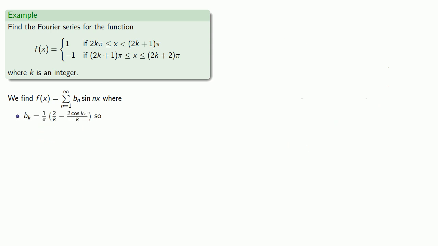So we make a note that our coefficients of the Fourier series are going to have the form 1 over pi times 2 over k minus 2 cosine k pi over k. Now, while we could leave this in this form, we're not going to because we can do a little bit more simplification. And that emerges as follows.